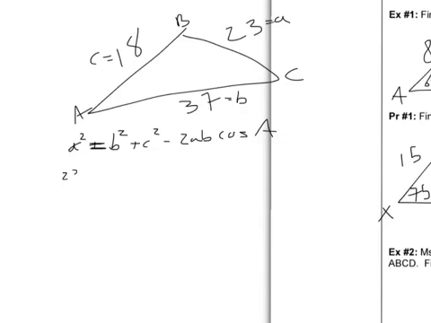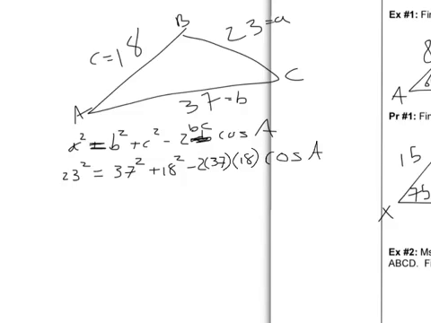So here we go. 23 squared equals B squared, which is 37 squared, plus C squared, which is 18 squared, minus 2 times my A, which, oh, I'm sorry, that should not be an A there. It should be a BC, my bad, because it should be the same two letters here as it is right here. So my B is 37, my C is 18, times the cosine A, which is what I'm trying to solve for.